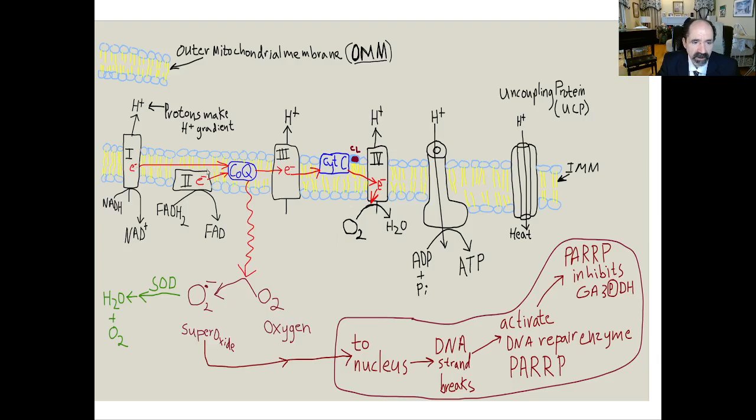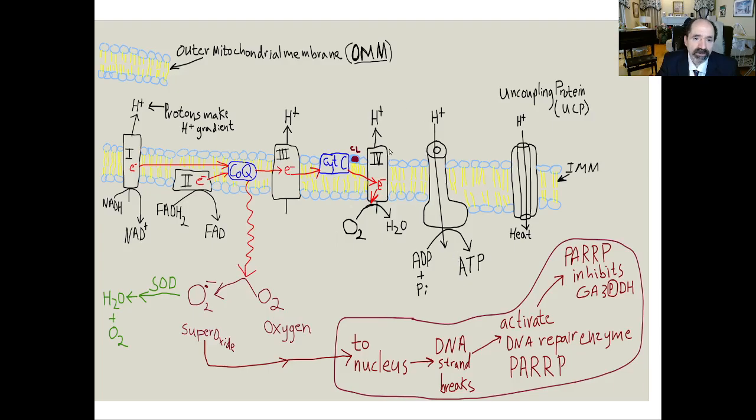The electrons are passed down like they're rolling downhill from complex 1 to complex 2 through coenzyme Q, complex 3, cytochrome C, complex 4, and they're pumping protons into the intermembrane space to build up a proton gradient. It's a very high gradient. It gets up to about negative 160 millivolts, and that's about the highest gradient in the human body. And then the gradient is harvested to take a proton and bring it back down through ATP synthase to make ATP. That's what normally should happen.